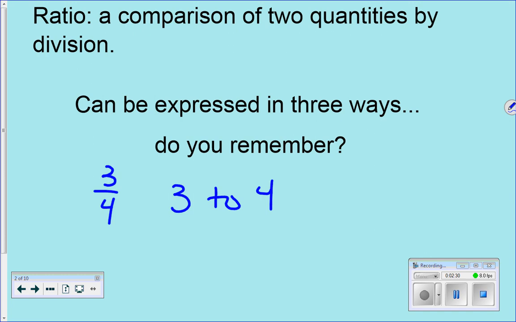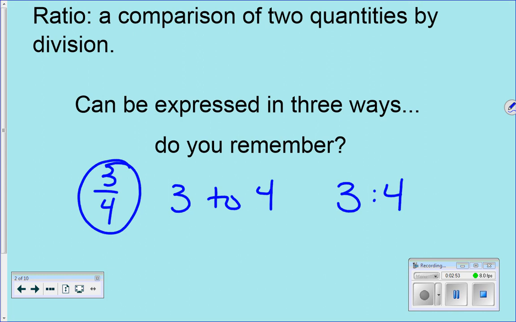Yep. What's the last way? Yep, colons. So that's 3 different ways you can write a ratio. To me, I don't care which way you write them. Most of the time you're going to see them probably in the fraction format. But if you'd rather write them another way, I don't care. Just know that a lot of times from now on you're going to see them like this.